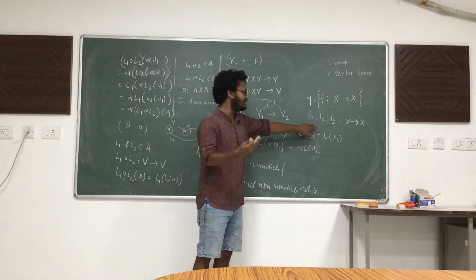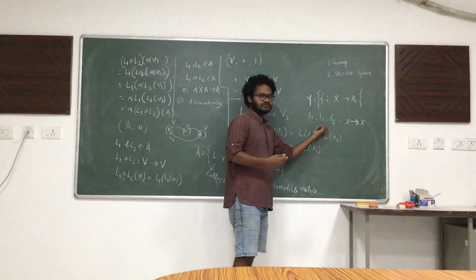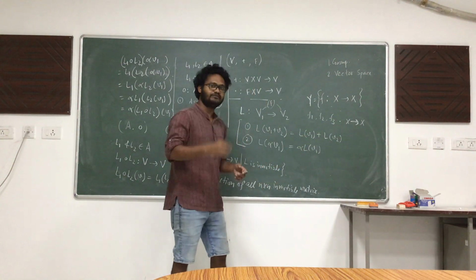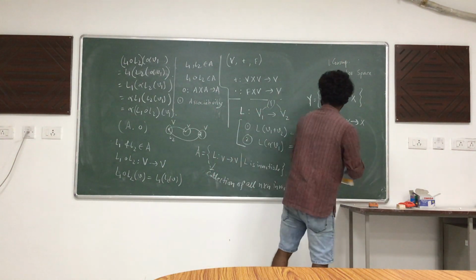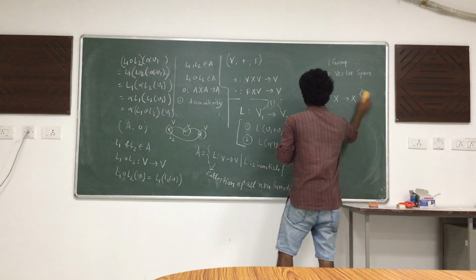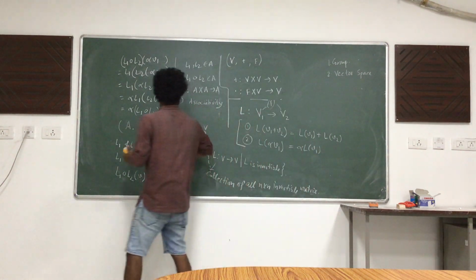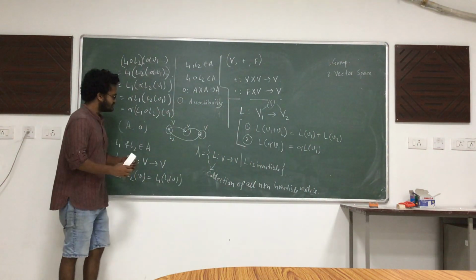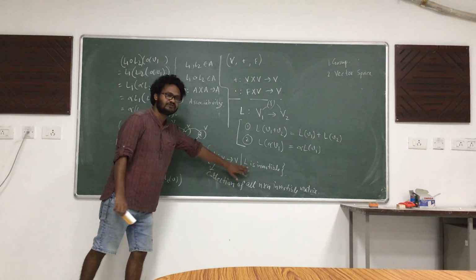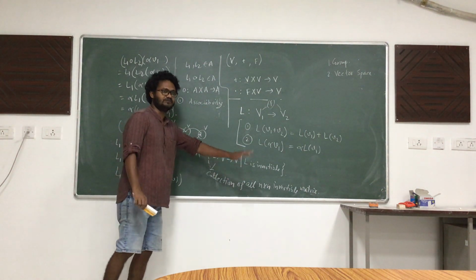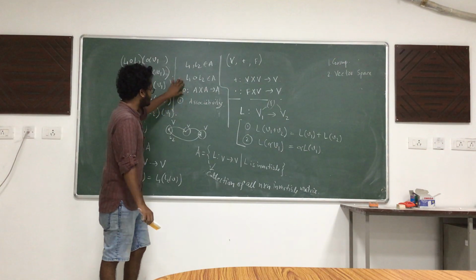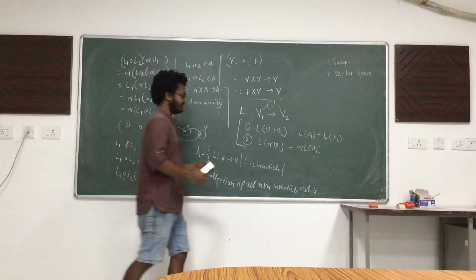Associativity is inbuilt in the composition itself. The very first day we actually derived it. So it's not particular to linear transformations or homomorphisms. Composition is associative.